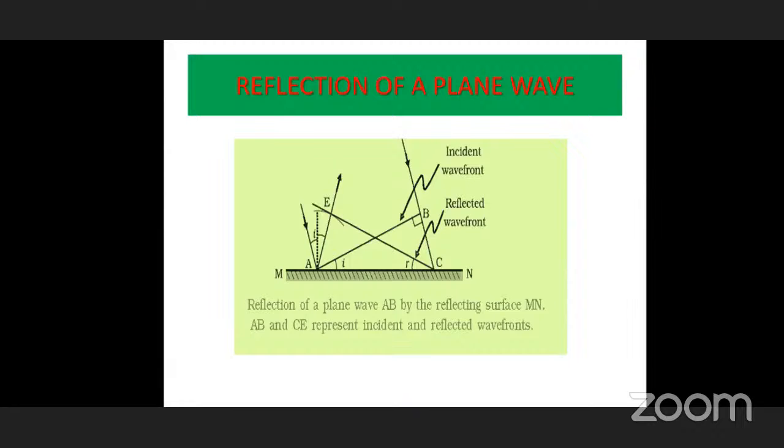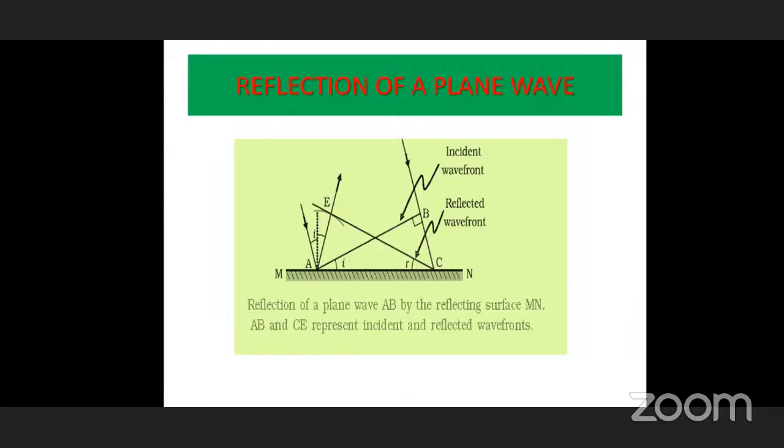How to take this radius? To draw an arc, we should measure the radius. Let us consider that after time t, B reaches C. After time t seconds, the point B in the incident wave front, where at the beginning we had taken two points A and B, touches C. Let the velocity be V in the medium.